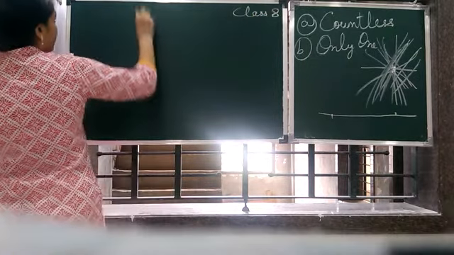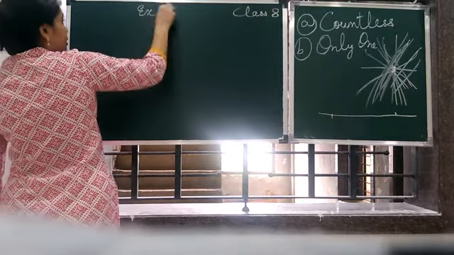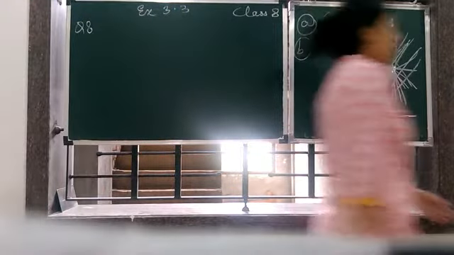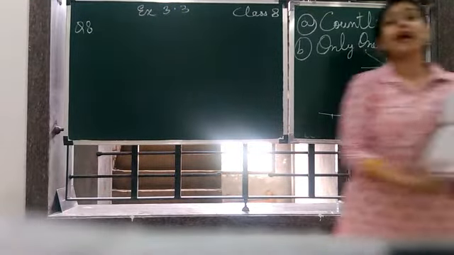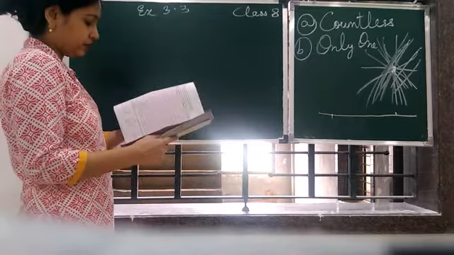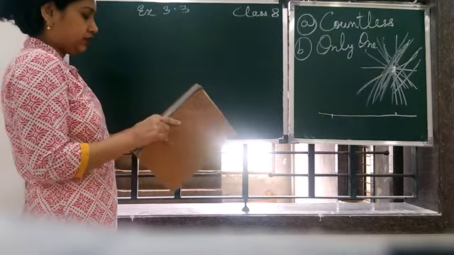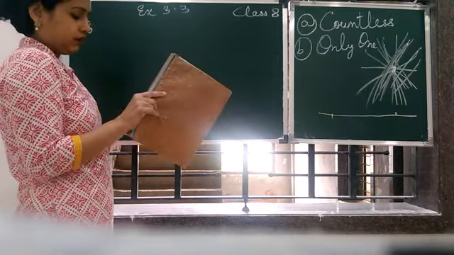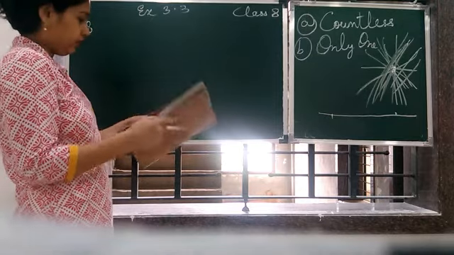This is a doubt clarification class for exercise 3.3 question number 8. Somebody said that I am not able to understand. By the way, the child has written I am not able to understand. Actually it should be I have not understood. It's a question and she has not written which part.